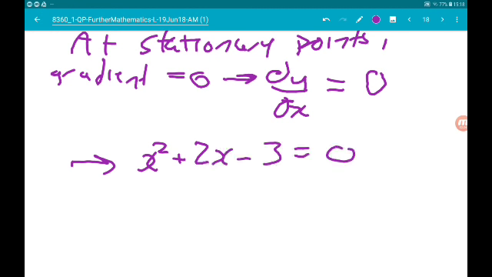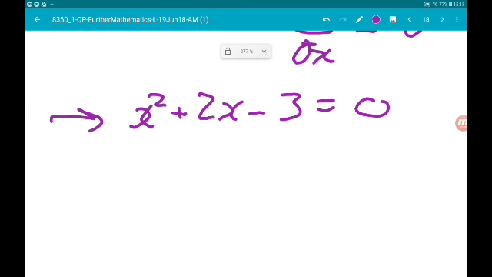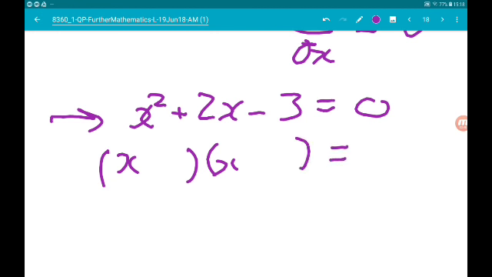So it's quadratic, we need to factorise. So this factorises to x in each bracket. Then we need a minus 3 at the end with a plus 2x in the middle. So we're going to have x plus 3 times x minus 1.